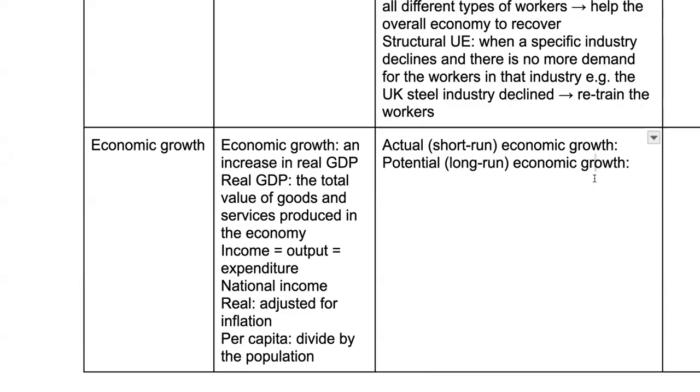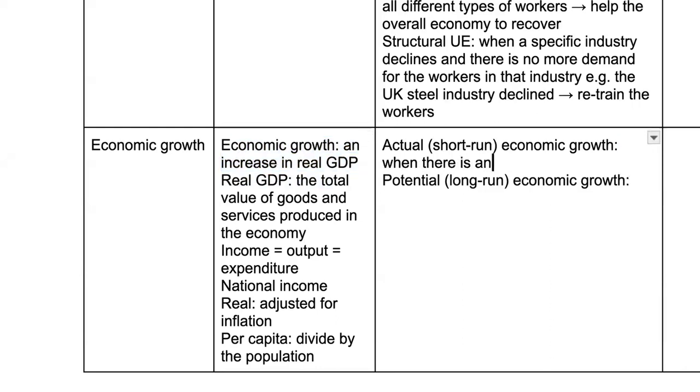Okay, cool. So actual economic growth is nothing different to what we've already said. It's just when real GDP increases. Potential or long run economic growth is, so Asan said something about you're projecting it in the future, or the exact way of describing it is when there is an increase in productive potential or productive capacity.